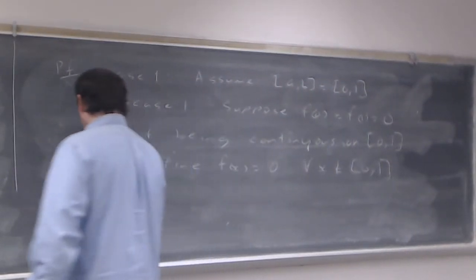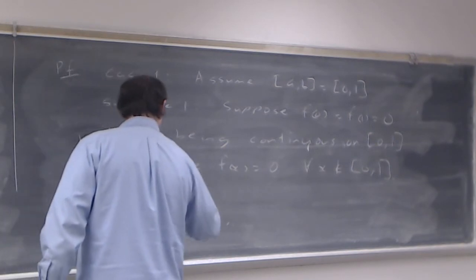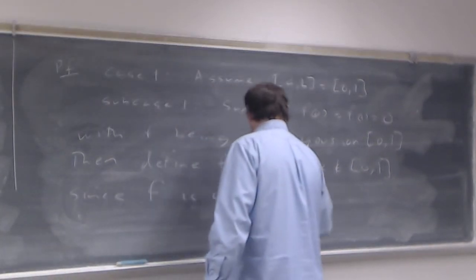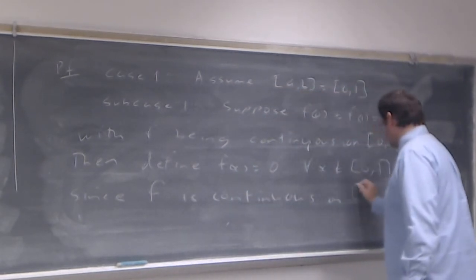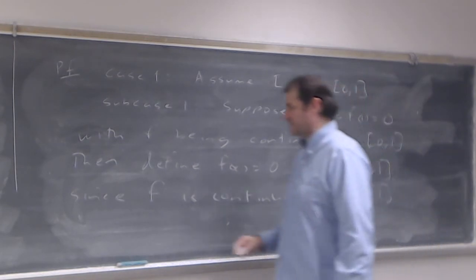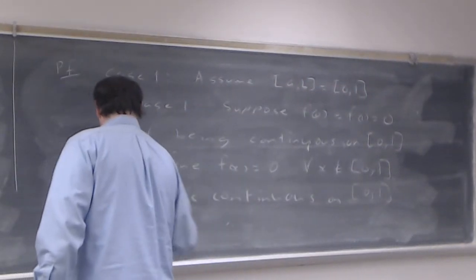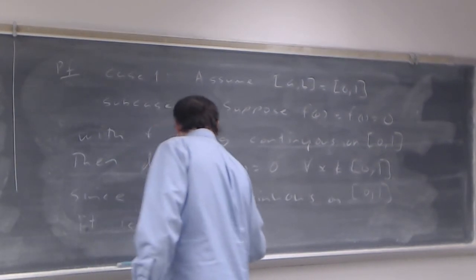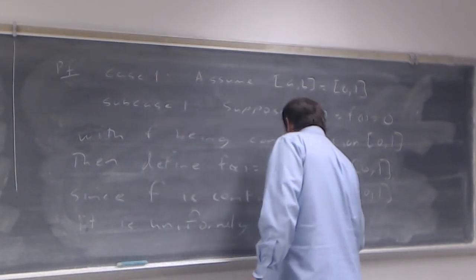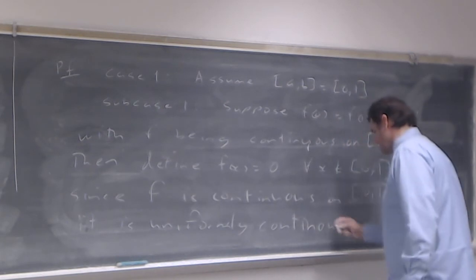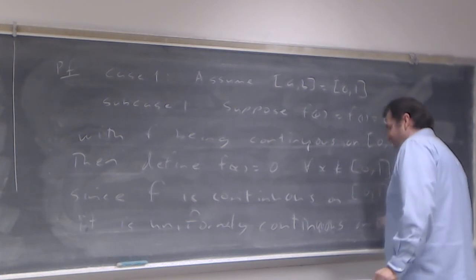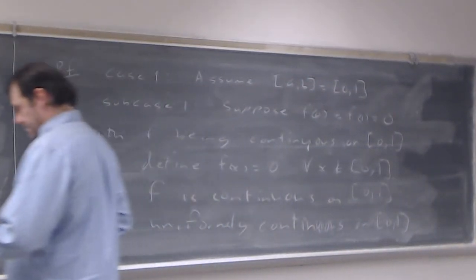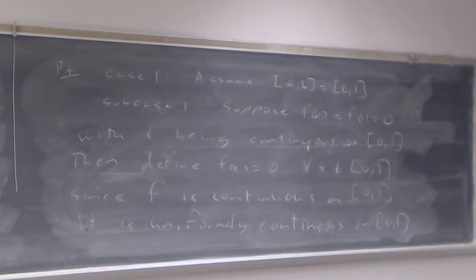Now, since f is continuous on 0 to 1, it's uniformly continuous on 0 to 1. But that uniform continuity is going to extend to the whole real line because of the way we're defining f. Let me write that down.